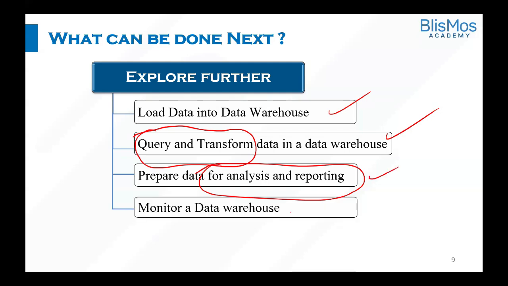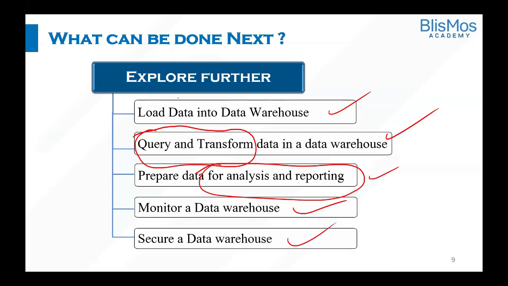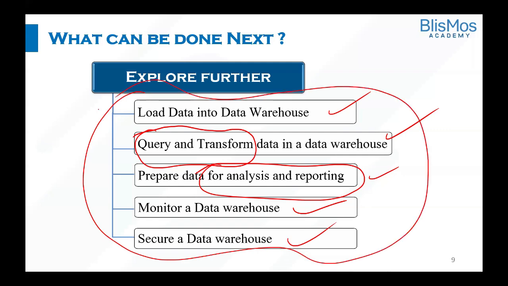You can monitor the data warehouse, right? Okay. You are monitoring the data warehouse. What else can be done with the data warehouse? We also need to ensure that the data warehouse is not attacked by others. Security. What should we do with the data warehouse? Secure a data warehouse. Okay. We should do all these things once we create the data warehouse.